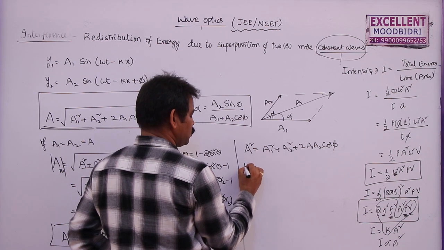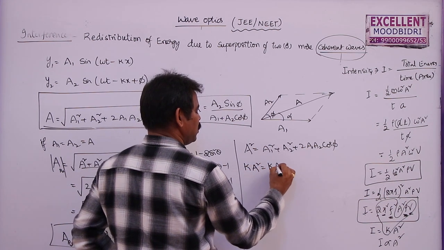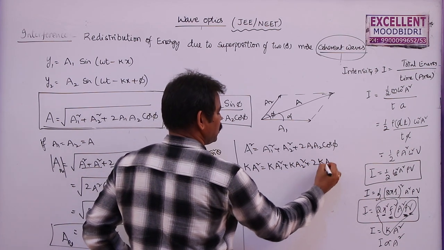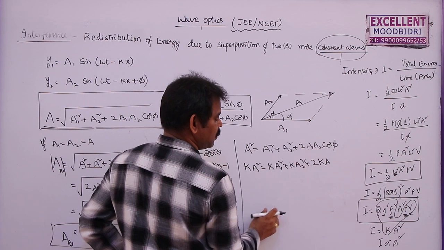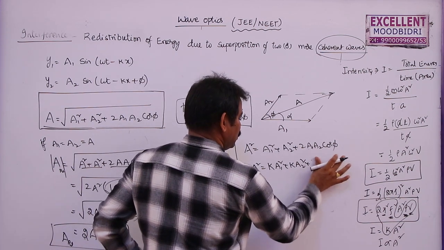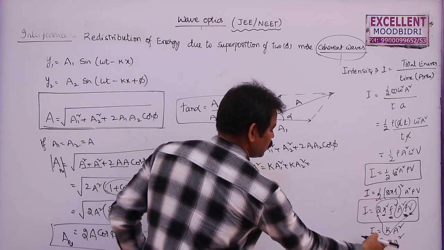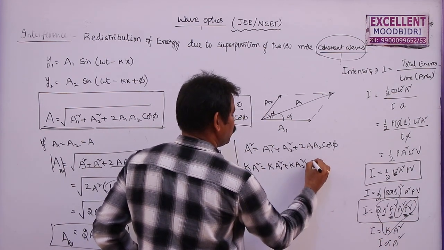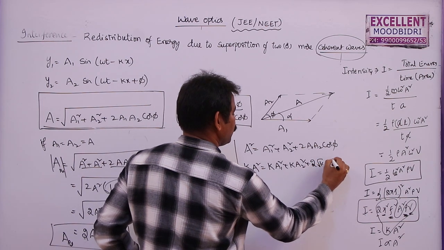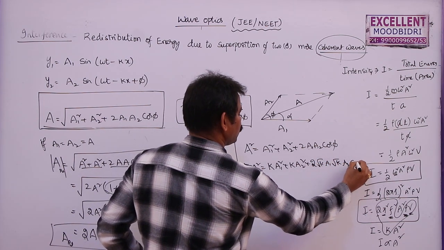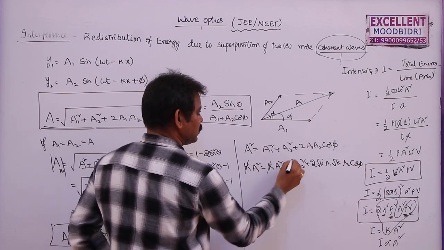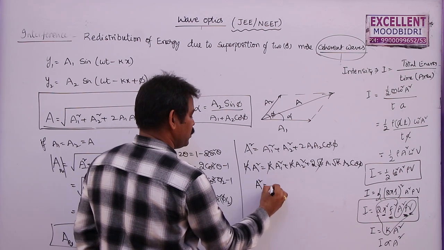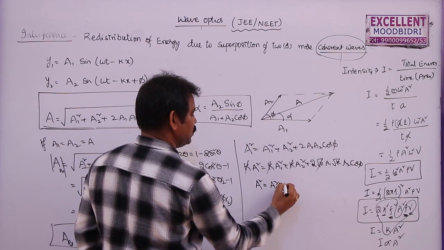A square is equal to k A square, which is equal to k a1 square plus k a2 square plus 2k a1 a2 cos phi, which can be written as 2 root k a1 root k a2 cos phi. So now you can cancel k, and the root k will also cancel.